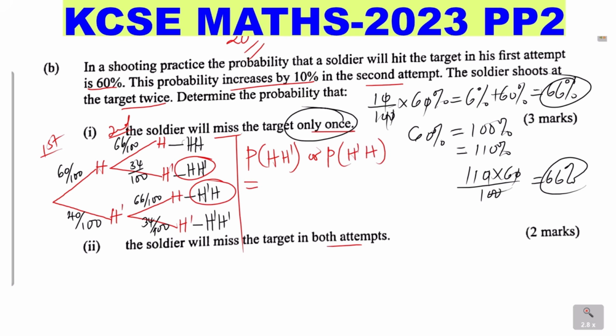So working out these, you're picking these. So 60% times 34%. This is what you're picking, 60% times 34%. Or you add this one, 40% times 66%.